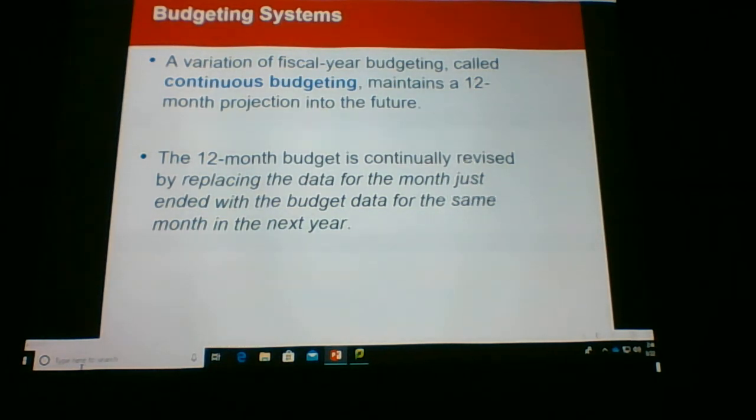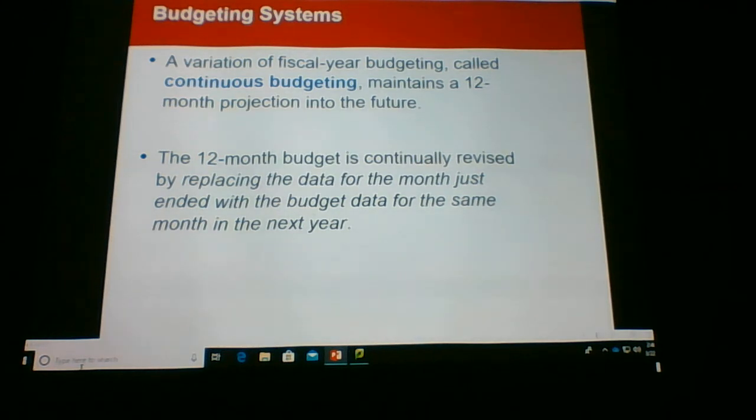So, continuous budgeting does a couple of things. It gives us, whether we're in the month of January, the month of April, the month of September, a 12-month budget, a 12-month view of what our landscape, what our plan looks like for the business. Okay? And it's also very, very important because trends change, and we're going to get into a little bit more detail on that in a moment.